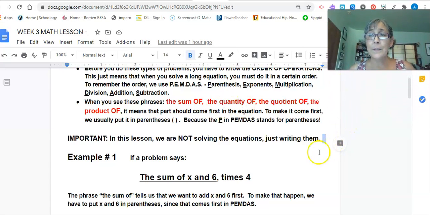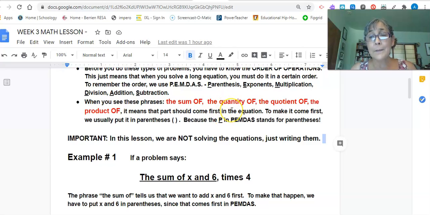So we're going to be taking sentences like this, the sum of x and 6 times 4, and putting them into expressions. And if you see one of these phrases, the sum of, the quantity of, the quotient of, or the product of, that means that has to get done first in the equation. The best way to make that happen is to put parentheses around it. Or sometimes you might just put it first in the sentence, but usually what we do is put parentheses around it.